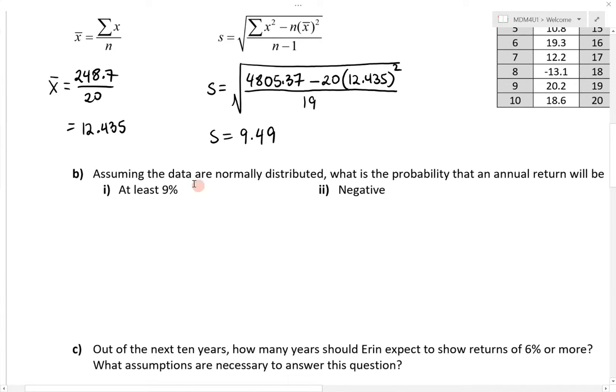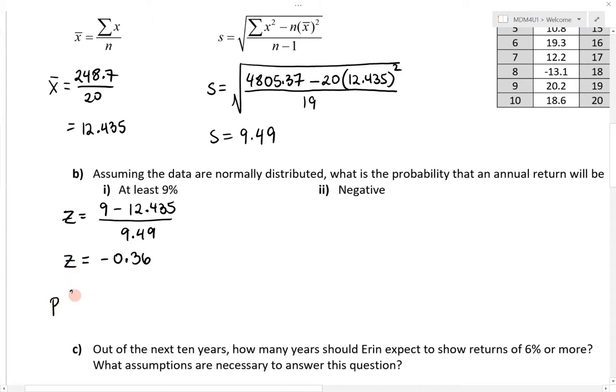Part B, assuming the data are normally distributed, what is the probability that an annual return will be at least 9%? So to find the probability for at least 9%, I need the z-score. So the z-score is equal to 9 minus the mean value, 12.435, divided by 9.49, which is our standard deviation, and that gives us a z-score value of negative 0.36.